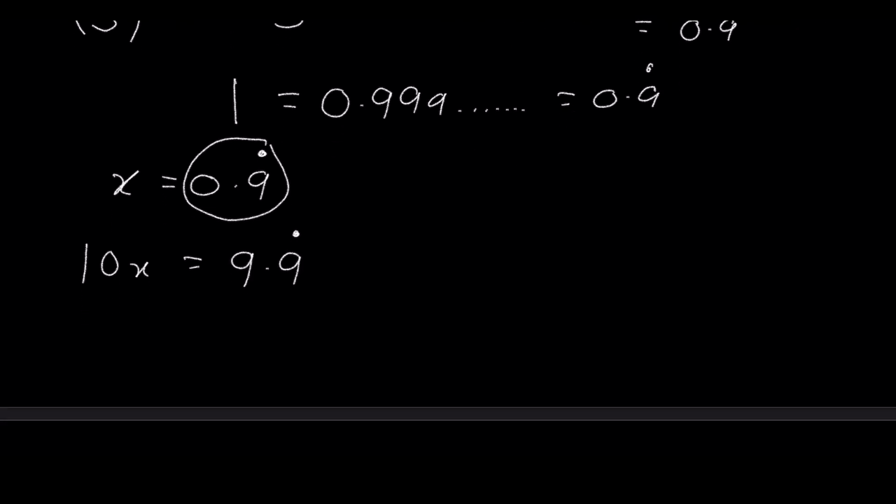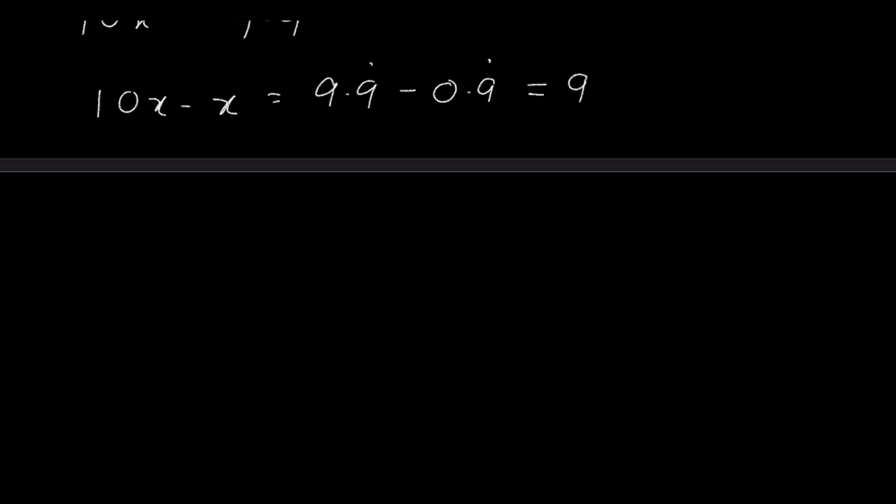Now if we subtract these two, 10x minus x, we end up with 9.9 repeating minus 0.9 repeating. Now that's easy, that's just 9. So 10x minus x is quite straightforward, that's just 9x. And we know that 9x is equal to 9. So that implies x is just equal to 1.